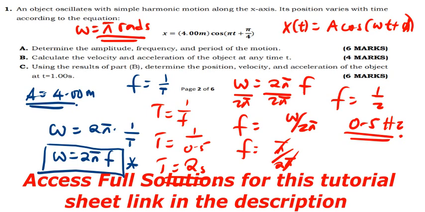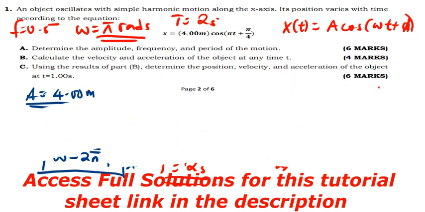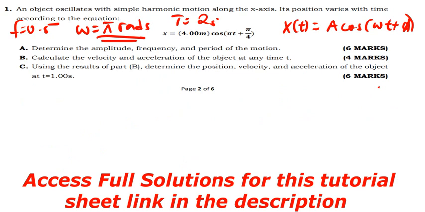Okay. So I'm going to follow the same principles, the same information which I've used for part A to solve part B. So we are saying that the period is 2 seconds, the frequency is 0.5 hertz, and the amplitude is there.